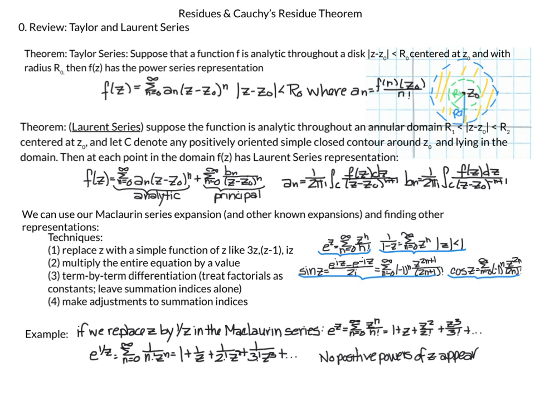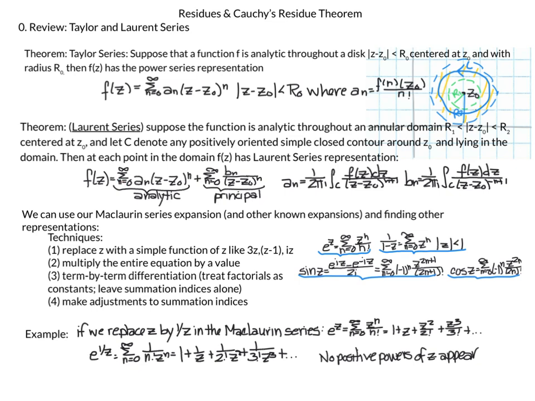Then if we have C, a positively oriented simple closed contour around z naught and lying in the domain, in other words, where it's analytic, so maybe this might be C, our closed contour. And again, we're lying in the domain, which is this yellow portion. Then at each point in the domain, f of z has a Laurent series representation, and we have this formula here.